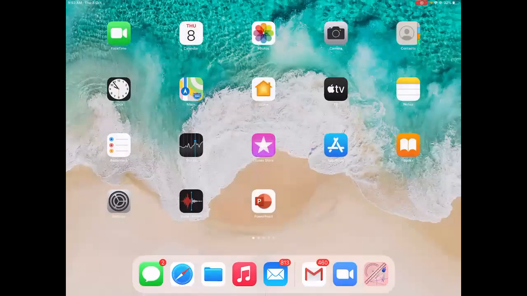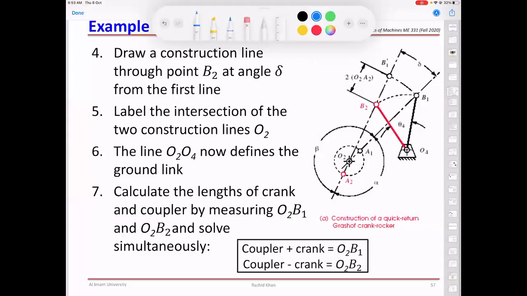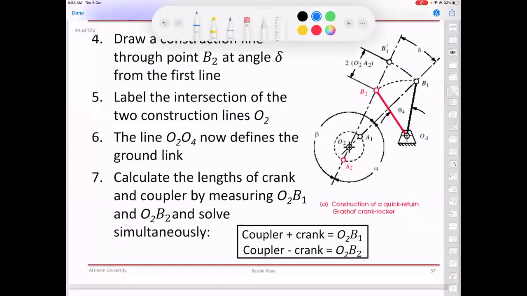What else do we have? Calculate the lengths of the crank and coupler by measuring O2B1. So O2B1 is the coupler plus crank, right? And O2B2 is the crank.